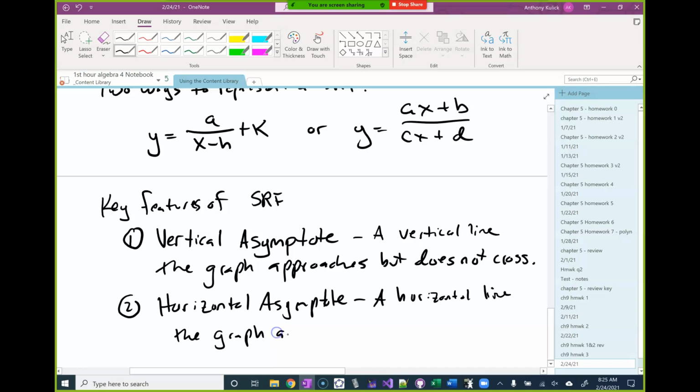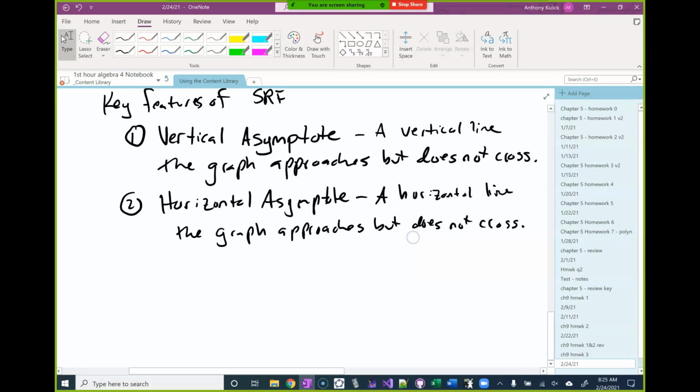And likewise, a horizontal asymptote is a line the graph approaches but does not cross.